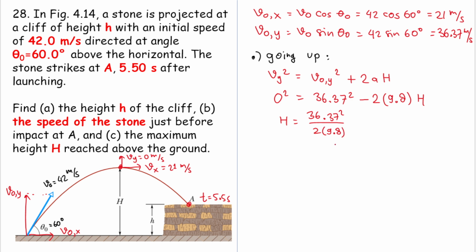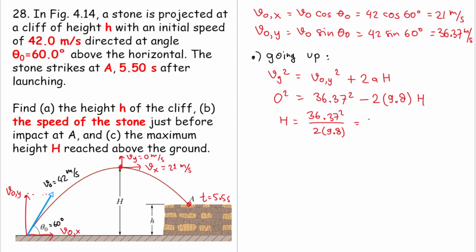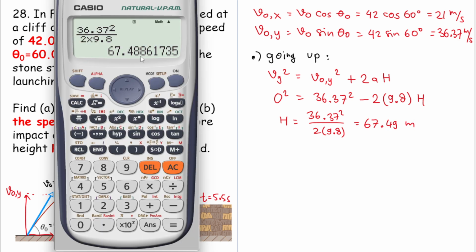And there is nothing else we can do except plug this into the calculator. 36.37 squared divided by 2 multiplied by 9.8 equals 67.49. And the unit here will be meters.